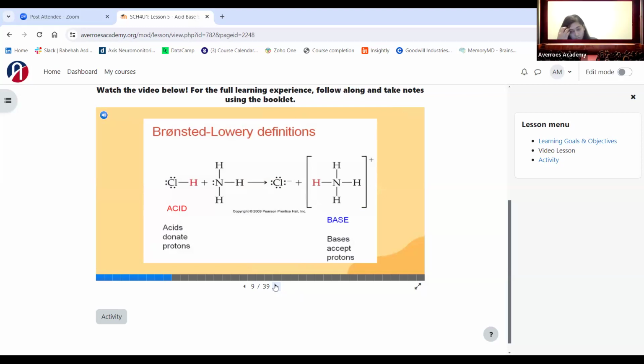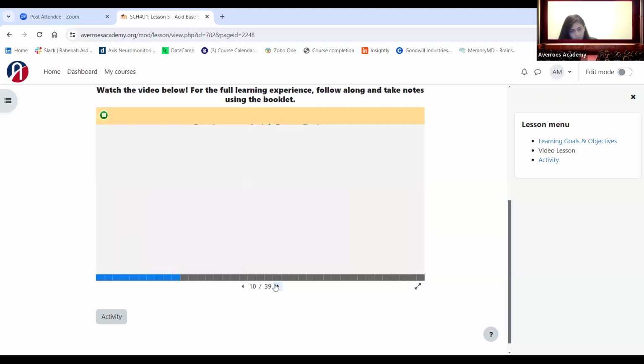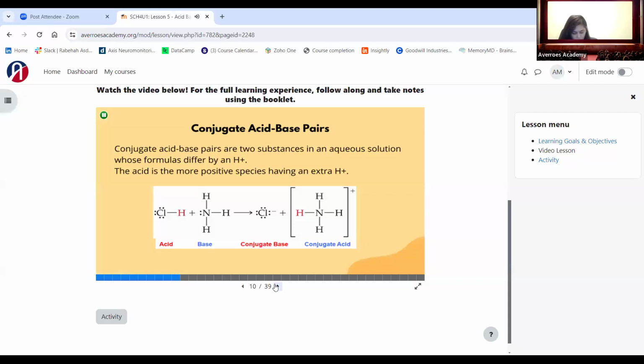And like I said, this is called a conjugate acid-base pair, right? A pair of substances whose molecular formulas differ by a single H+ ion or a proton. So two substances in an aqueous solution whose formulas differ by an H+.